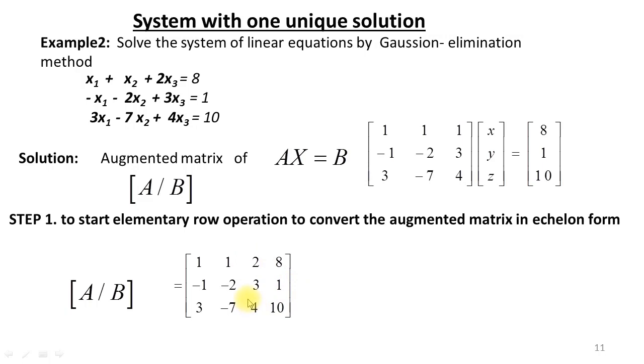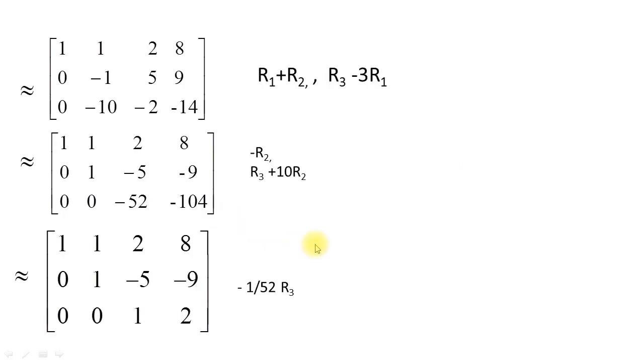Now for the solution of the system by the Gaussian elimination method, convert this augmented matrix to row echelon form by using elementary row operations. So add R1 to R2, the first row added to R2, and subtract 3 times R1 from R3.